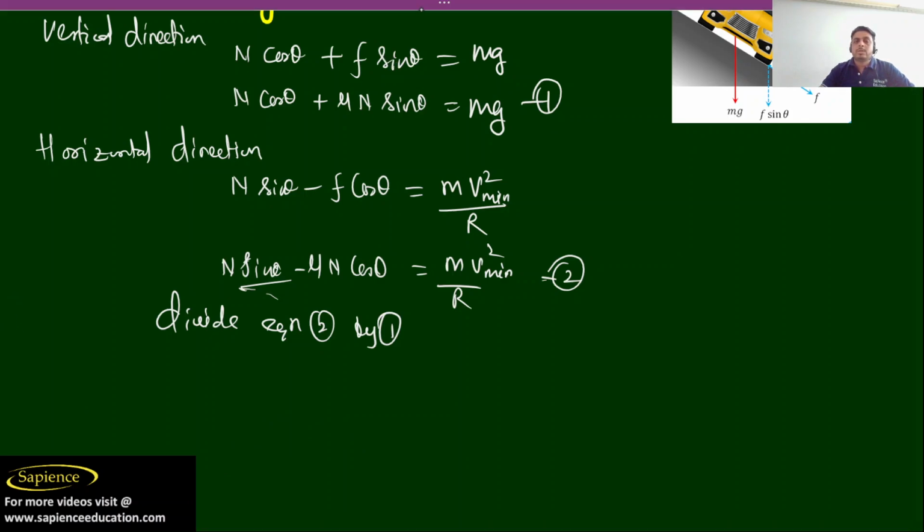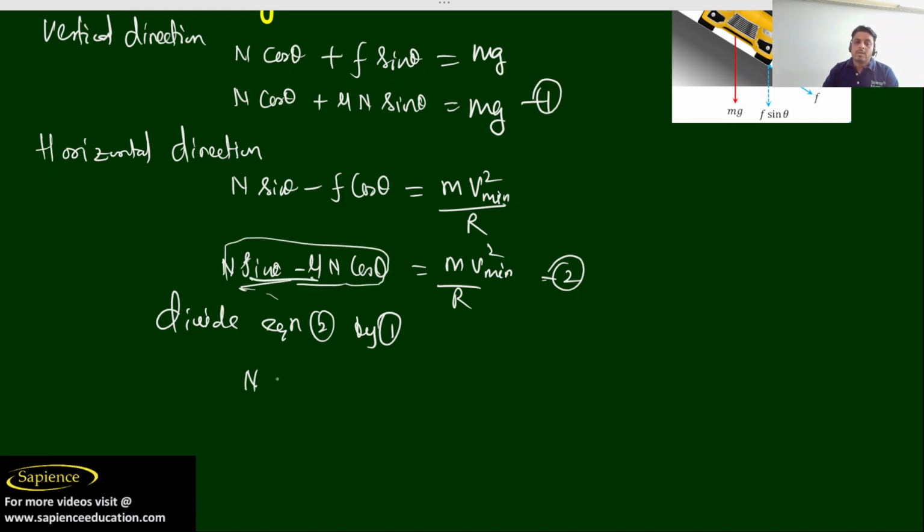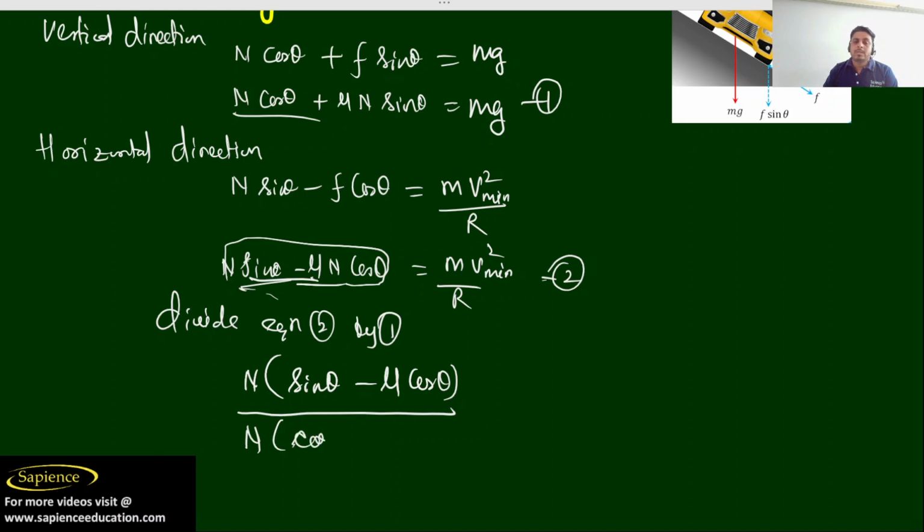Let's take equation 2 at first. Take N common, so this will be sin theta minus mu cos theta, divided by N cos theta plus mu sin theta from equation 1, and this is equal to mv minimum square divided by r, divided by mg.